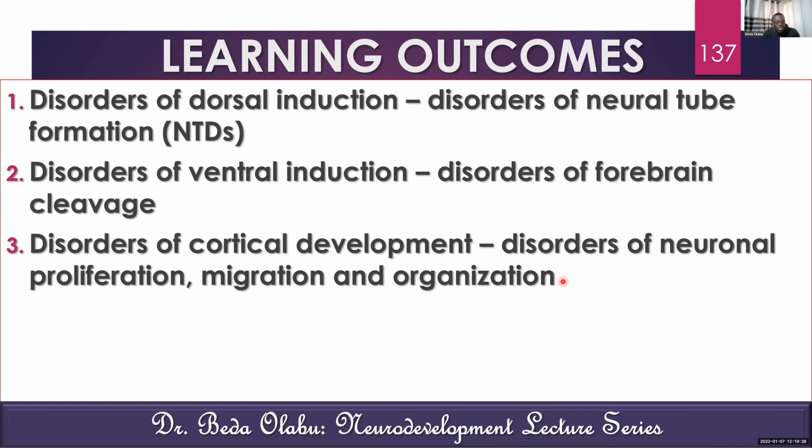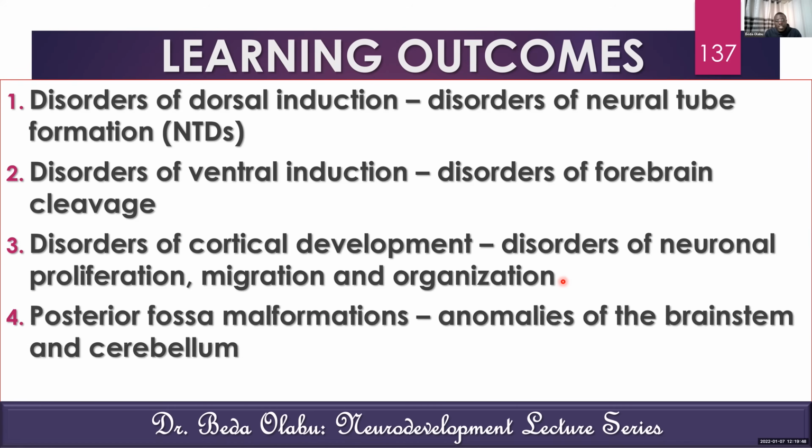You'll actually come across many of them. There are quite a lot. There are disorders of myelin protein itself. Then there are those demyelinating diseases like multiple sclerosis and the like, but we'll not talk about them. However, there's an entity that we'll talk about in this lecture, which we call posterior fossa malformations.